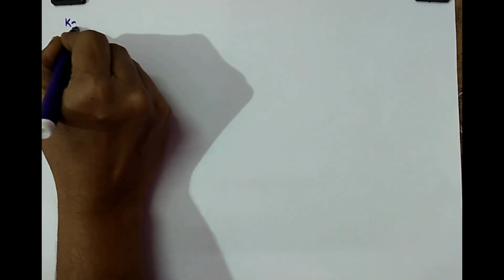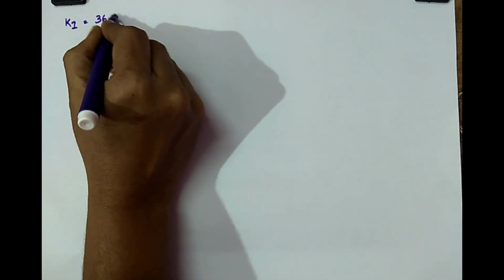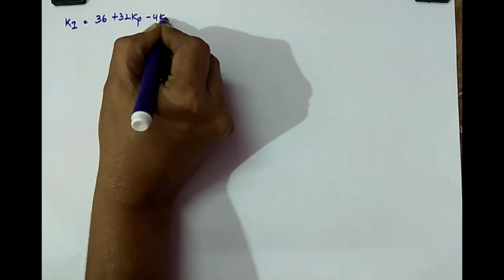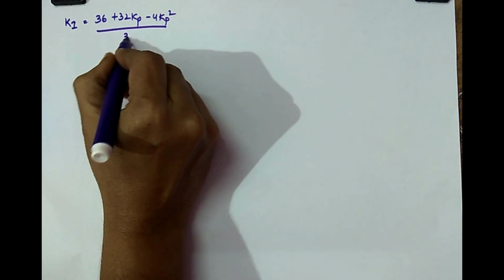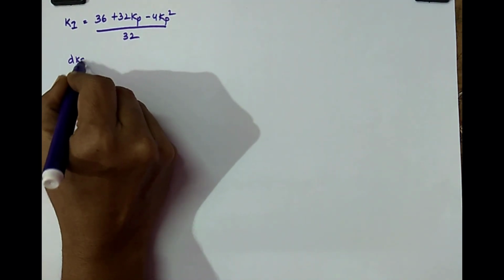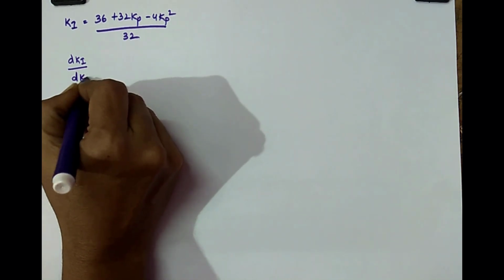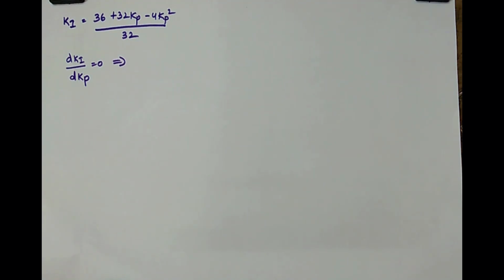Take the Ki expression: 36 plus 32 Kp minus 4 Kp square by 32. Then to get the maximum value of Ki for system stability, dKi by dKp equal to 0.